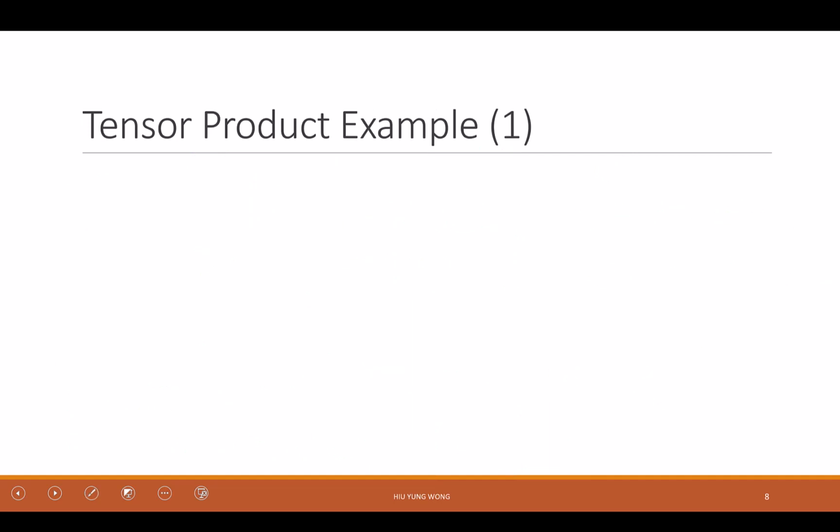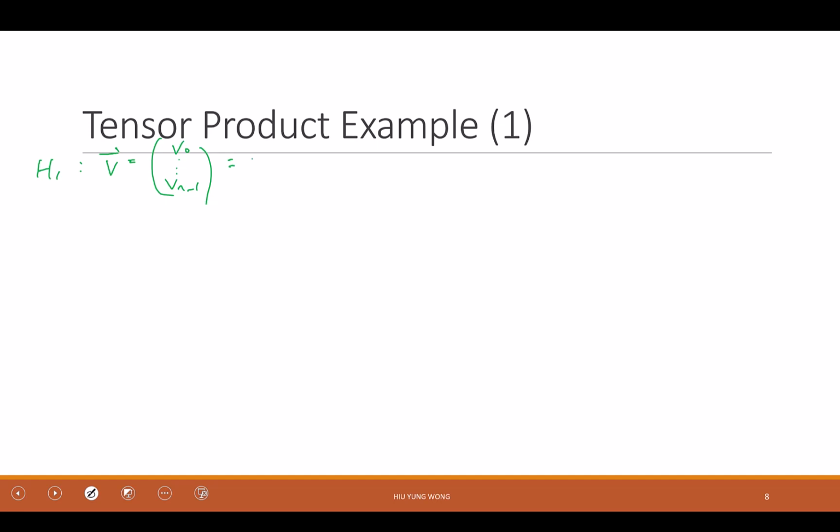Let's look at an example. This one I make it lengthy, but it's not a problem for you. For example, I have a vector in the H1 space, which is V equals V0 all the way to Vn minus 1, right? What does it mean?